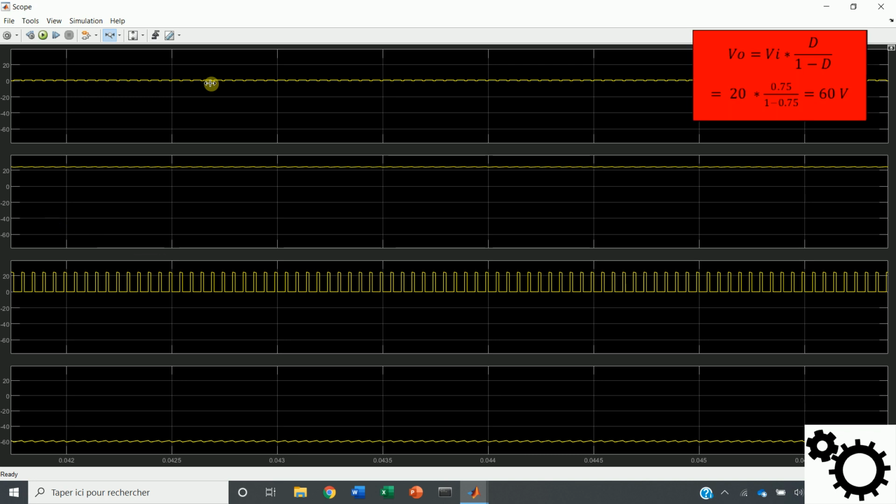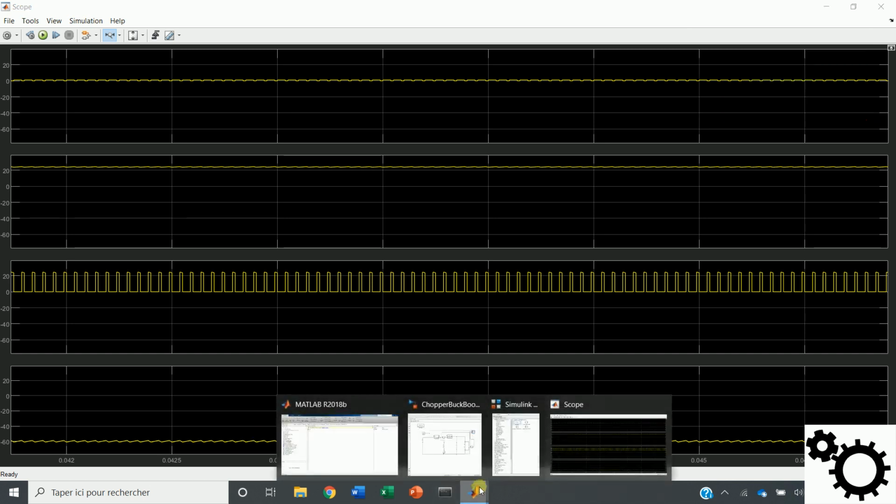In this mode, the output voltage is equal to the input voltage multiplied by the duty cycle and divided by 1 minus the duty cycle. So according to the value of the duty cycle, we can have an output voltage greater or smaller than the input one. In this case, it's higher.